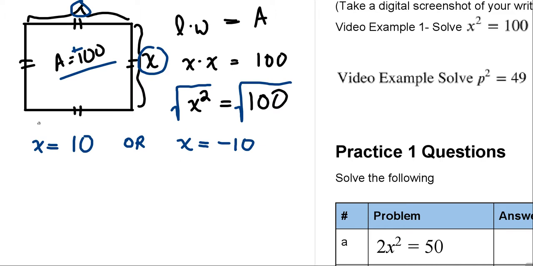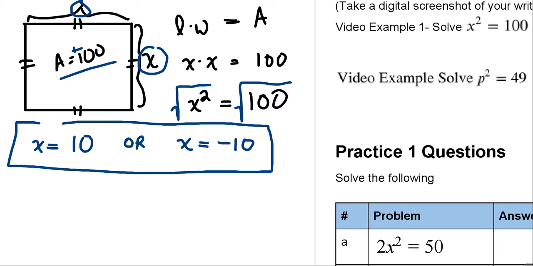So technically, doing this algebraically and not just limited to geometry, x equals 10 or x equals negative 10. So we have two possible answers now.